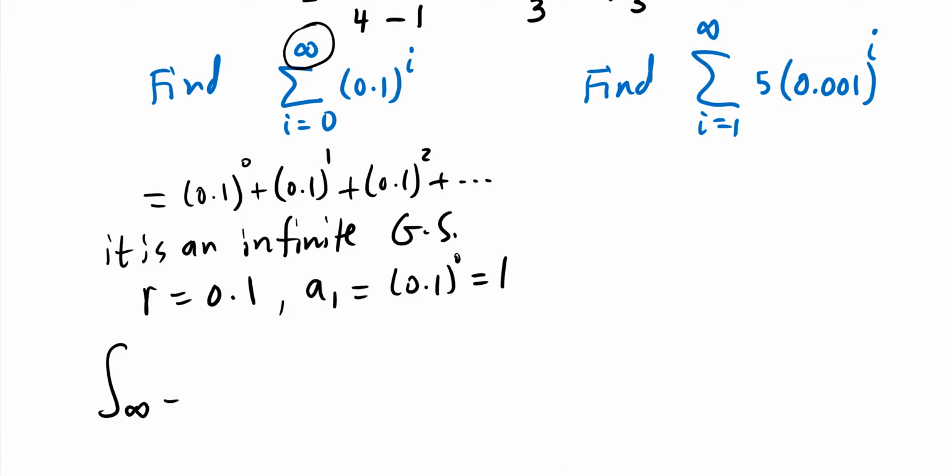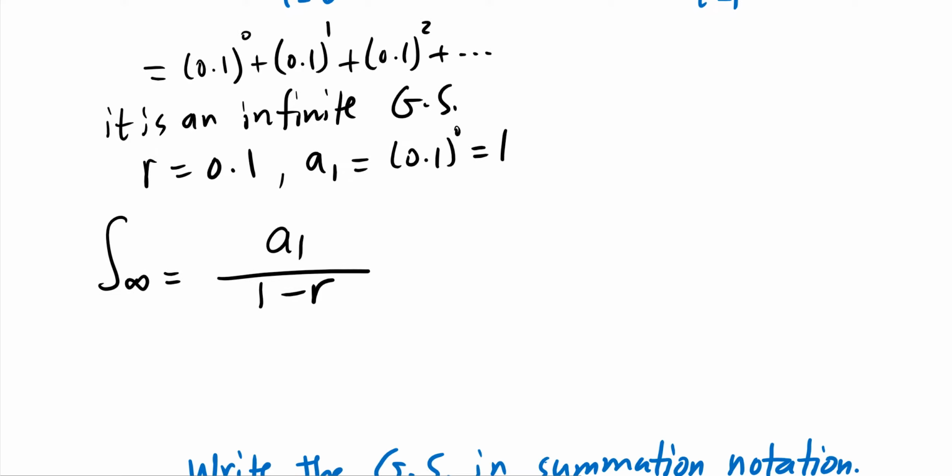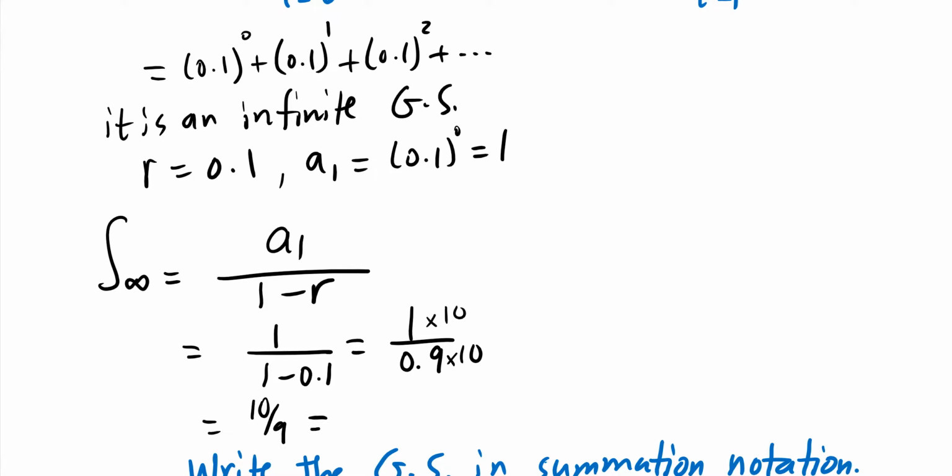So the sum of the infinite series, because R is between -1 and 1, is A1 over 1 minus R. So A1 is 1, over 1 minus R, which is 0.1. So that's 1 over 0.9. But make sure you simplify this. And how do you simplify this by hand? Multiply top and bottom by 10, because that will give us 10 over 9, or 1 and 1/9. That's the sum.